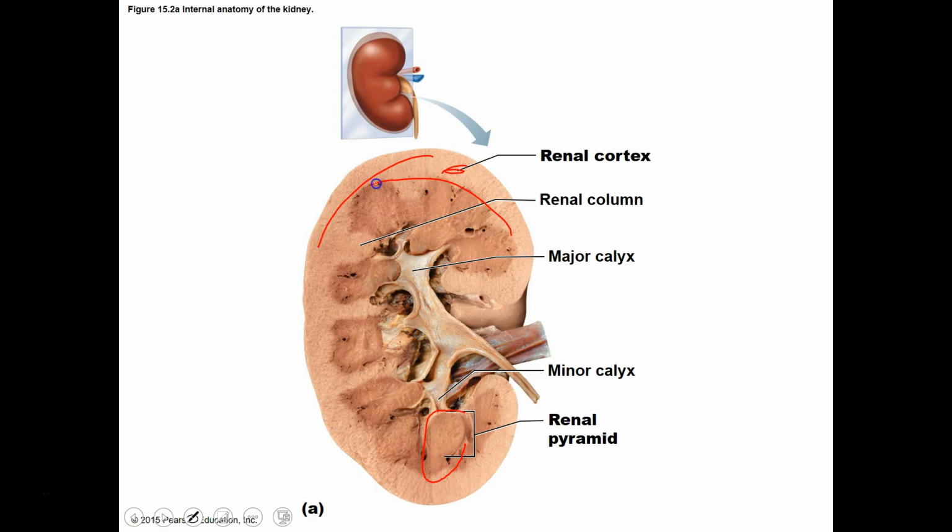The cortex is on the outside, and these renal pyramids are on the inside, because they do have this pyramid shape. And then of course here are the collecting ducts, where all these come down and it collects the urine.